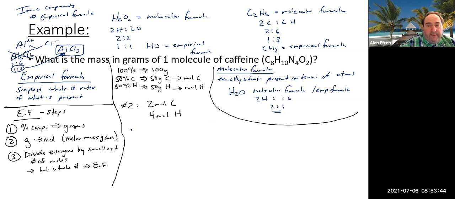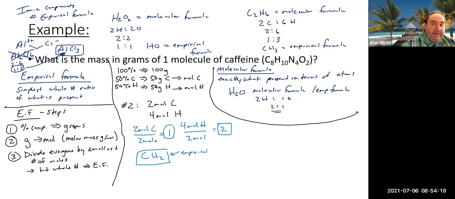For carbon, 2 moles divided by 2 moles equals 1. We take 4 moles of hydrogen and divide it by 2 moles, and that equals 2. Here we clearly have hit all whole numbers, and those whole numbers represent the moles of each element, which gives us our empirical formula, which in this case would be CH2.